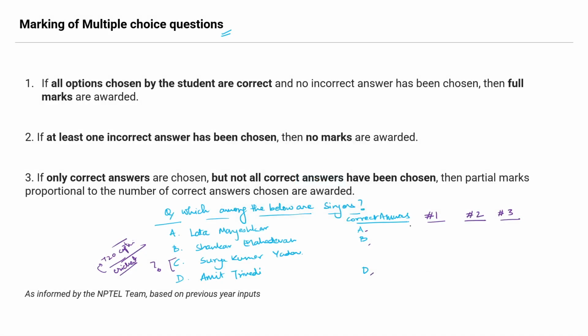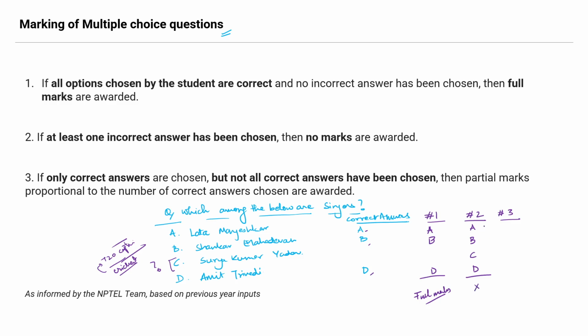All right. So if I choose A, B, and D, I will get full marks. If I choose all the correct answers, I'll get full marks, which is perfect. So all those who said A, B, and D, well done. You will get full marks. Now, if I select A, B, C, and D, I will not get any marks.